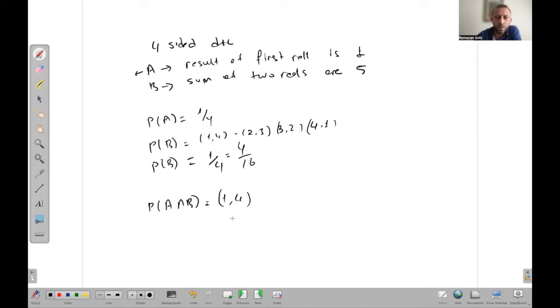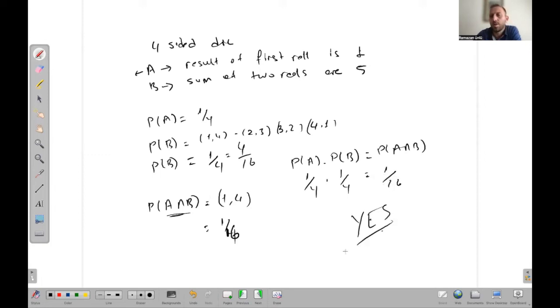The probability will be 1 over 16, since there are 16 pairs and only one pair holds our situation. Let's check the equality: P(A) times P(B) is 1 over 4 times 1 over 4. Is it equal to the probability of A intersect B? Yes. So I can say that these two events are also independent.